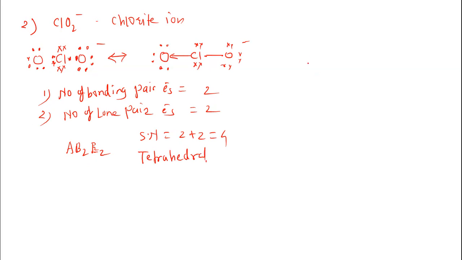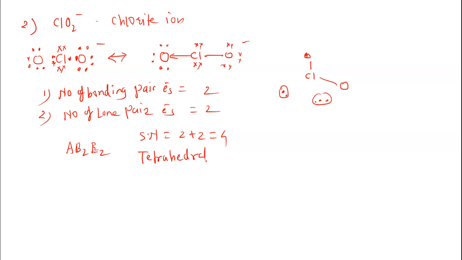Let us try to draw the predicted geometry here. Chlorine is the central atom. Suppose one oxygen will be here, then two lone pairs are there, so one lone pair will be here, another lone pair will be here, and this is the oxygen atom. There are two bonding pair electrons, and the lone pair electrons are at the two corners of the tetrahedron.